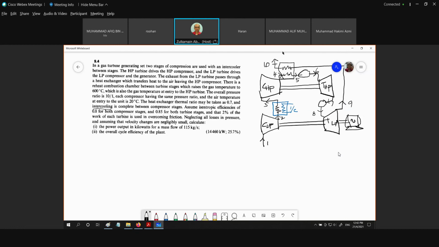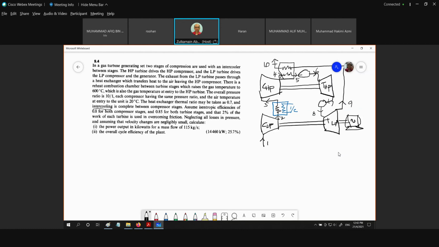Okay, but this is much more complicated because we have a different pressure ratio for the turbine. So if we have 10 right here, and we have isentropic efficiency, meaning that we have extra 1, 2, 3, and 4.